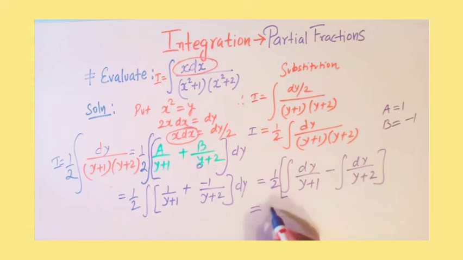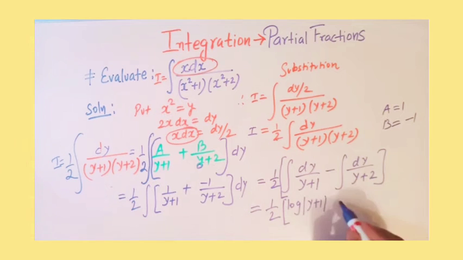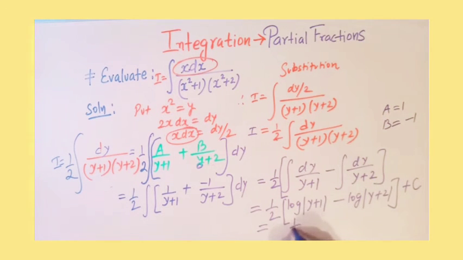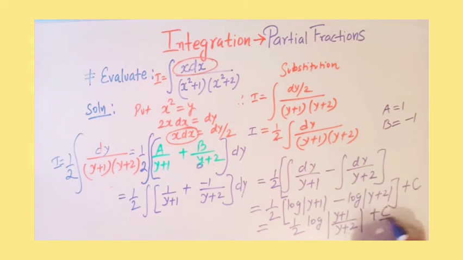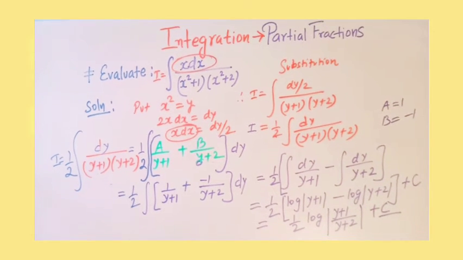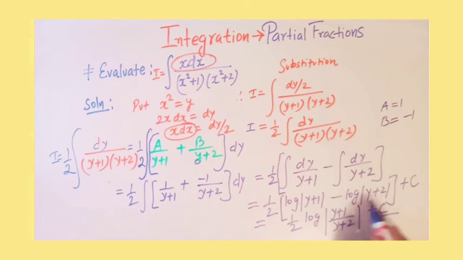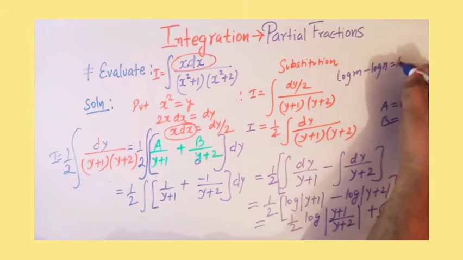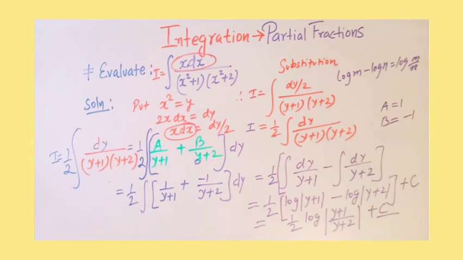So viewers, here we have half, this is the log of y plus 1, this is log of y plus 2, and we have plus c. So here we have half log mod of (y plus 1) divided by (y plus 2) plus c. Clear? And here we have used the property of log, that is log m minus log n is log m upon n. So again we'll resubstitute the value.